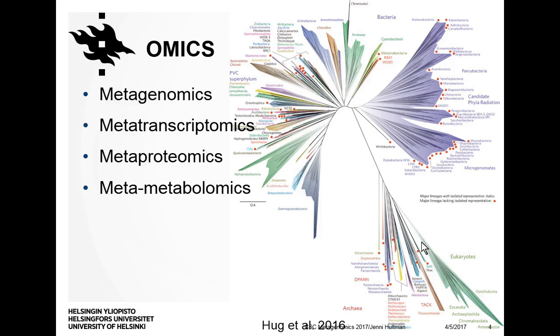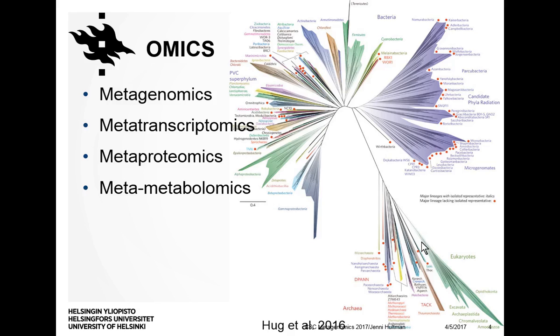And here's a picture from Laura Hug's paper last year showing the phylogenetic tree of life, and it has already changed a lot regarding the archaeal side. In here, all the phyla that have the red dot in them are the ones that do not have any isolated representative available.